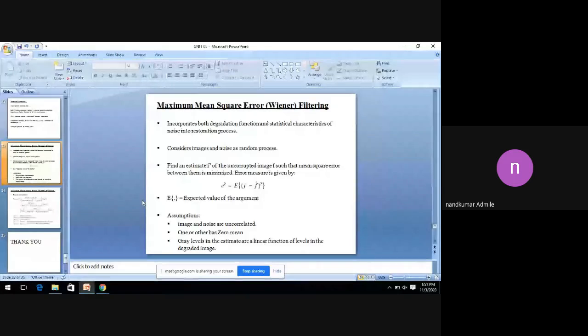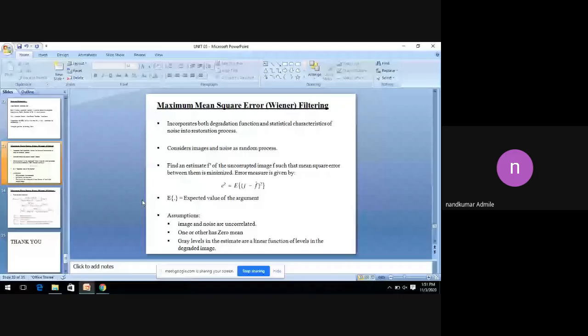Might be in an exam there is a short note: explain the MMSE filtering. So instead of the full form, we can call it MMSE filtering, the minimum mean square error filtering. By using the Wiener filtering, we can remove the maximum noise which is present in the image.